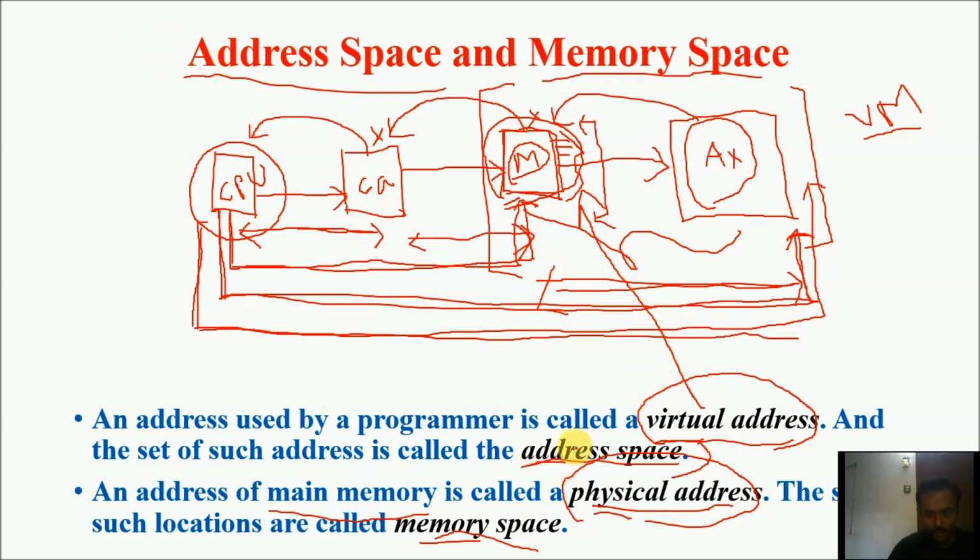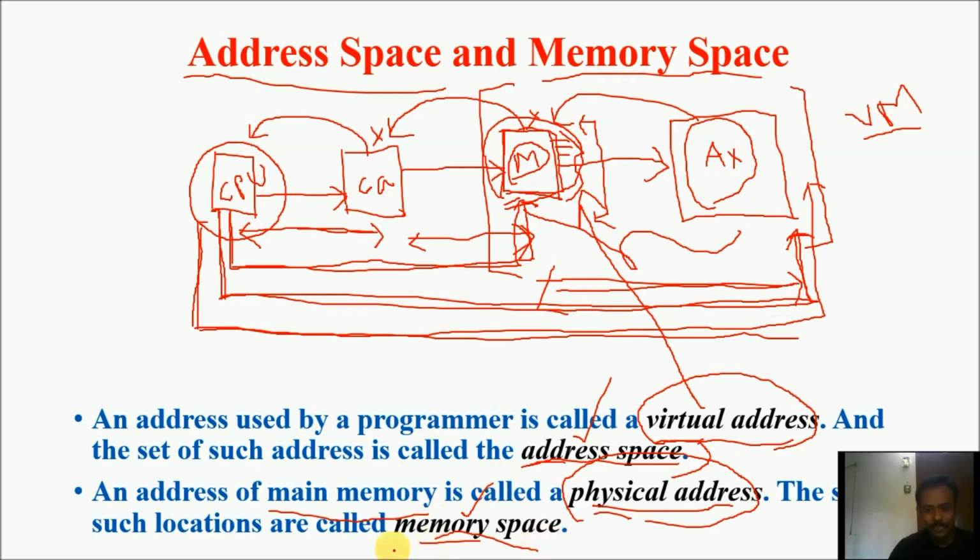To understand the concept of virtual address, when we define it, we need these two definitions, address space and memory space. This is very important. Without understanding address space and memory space, we cannot define the virtual address.